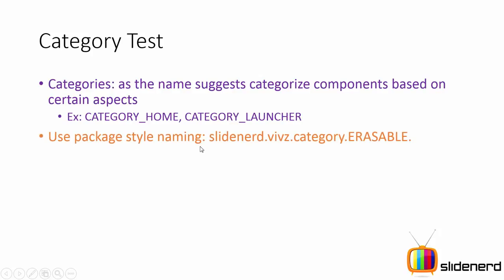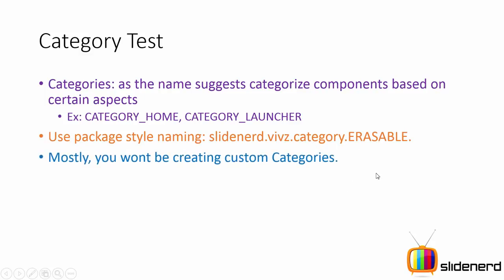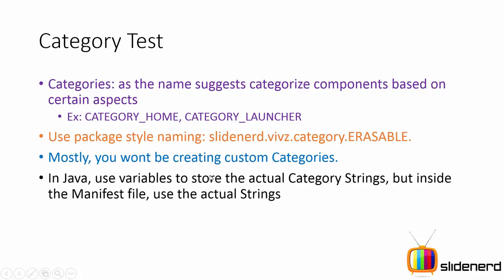Now package-style naming is again the same thing that you're going to be using. If you want to make your own categories, they can be something like slider.vivs.category.erasable. Mostly you won't be creating custom categories because the default ones are more than enough for most purposes. Again, the same rules apply when you want to create category strings.